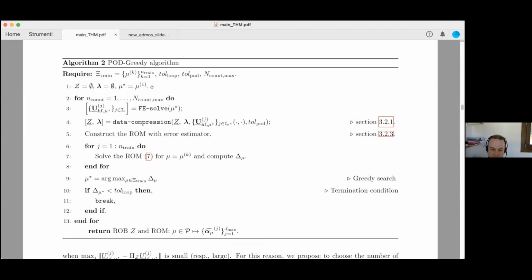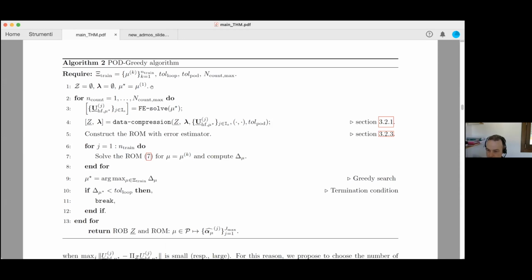Then you solve the full order model to get snapshots. I have a time-dependent problem, so you will have snapshots at different time steps.